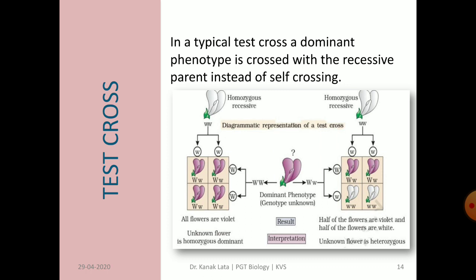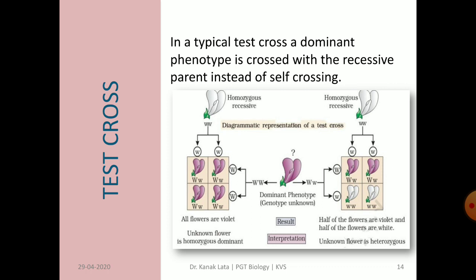If a homozygous dominant phenotype is crossed with a recessive plant, then in the F1 generation all have the dominant phenotype, that is 100%. But when a heterozygous dominant phenotype is crossed with a recessive parent, then the ratio of dominant and recessive phenotype is 50:50, that is 1:1.